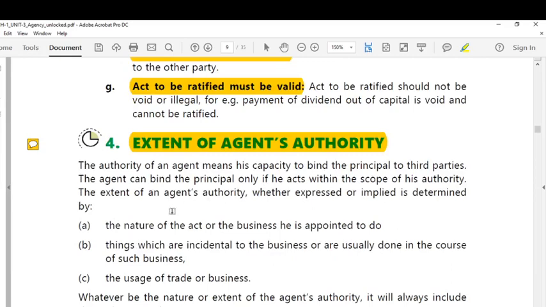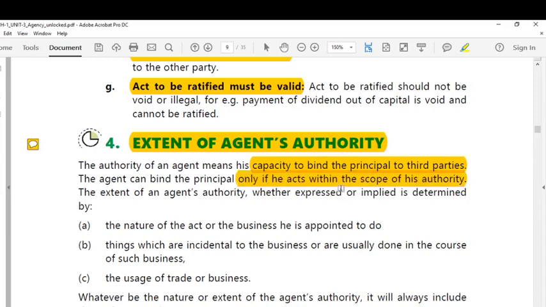The authority of an agent means his capacity to bind the principal to third parties. The agent can bind the principal only if the act is within the scope of authority.